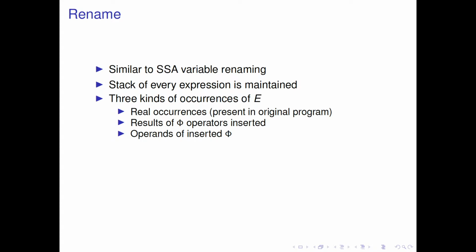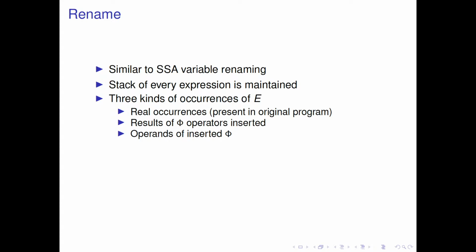So basically your E will be like this, right? E1, it will be H really, equal to phi of some E2 comma E3. And somewhere you also have in your program, let's say W equal to some expression E. So this is one kind of occurrence, and each of E is A star B, or some version of A star B. So this is what the programmer has explicitly typed in the program, coded in the program.